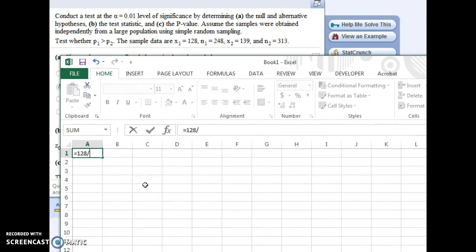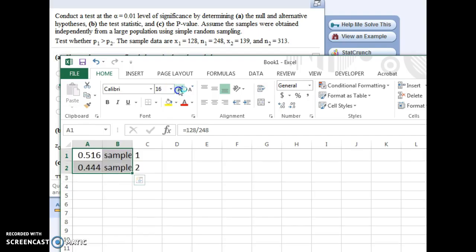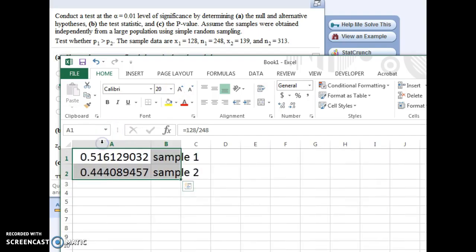So the first sample is 128 out of 248, so 51%. And our second sample was 139 out of 313, sample 2. So it's just nice to see that, because then you can see that sample 1 did have a larger proportion.